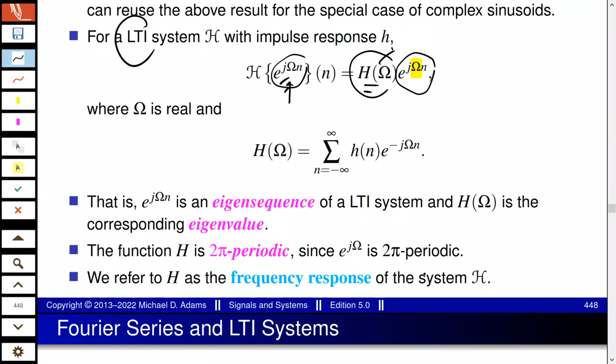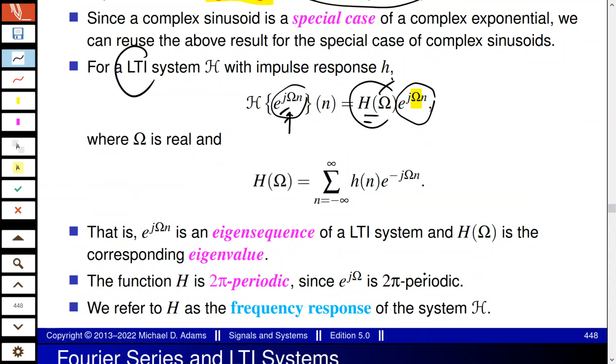And interestingly, this was also the case in continuous time, but because this is a discrete time sinusoid and it is periodic, and when a discrete time signal is periodic you get a different kind of repetitions, this H of omega is also periodic as a consequence of that.